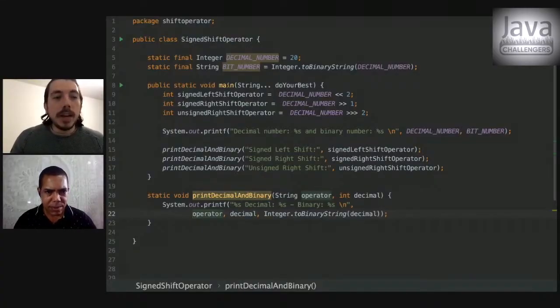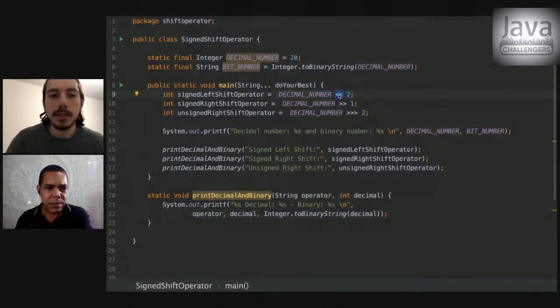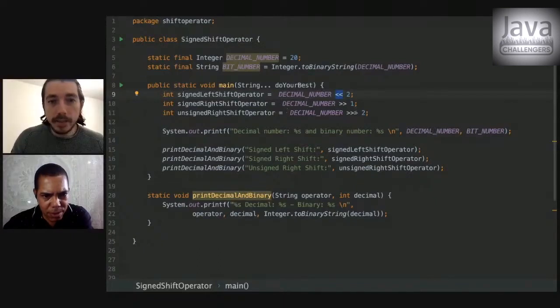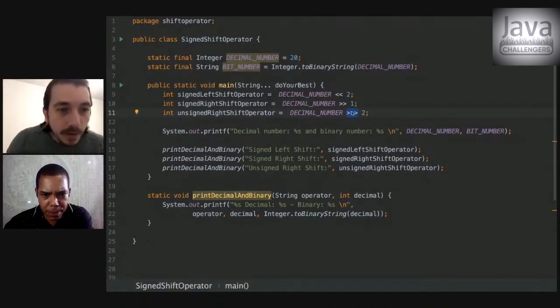Okay, so that's the challenge, and I don't know if you've ever seen these operators in Java. The first one is called the signed left shift operator. The second one is the signed right shift operator. And the last one is called the unsigned right shift operator.